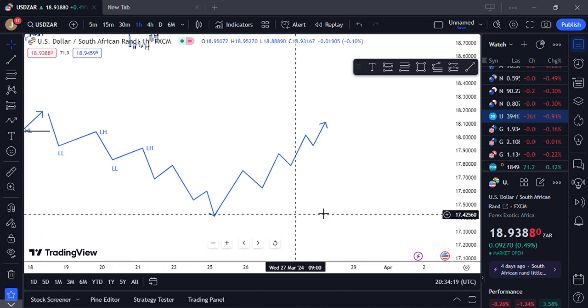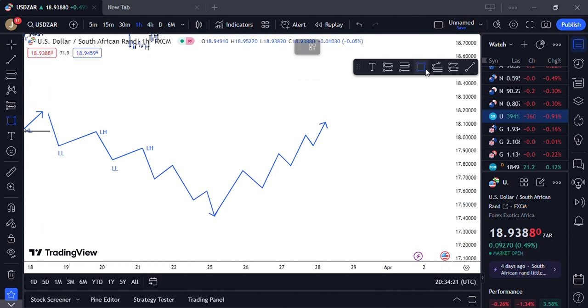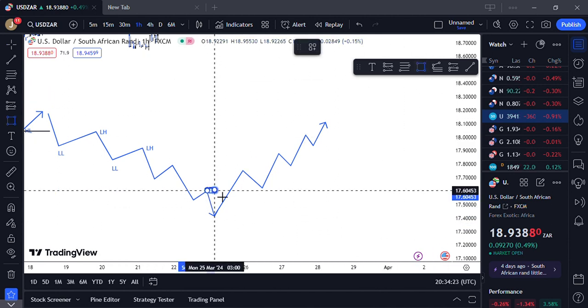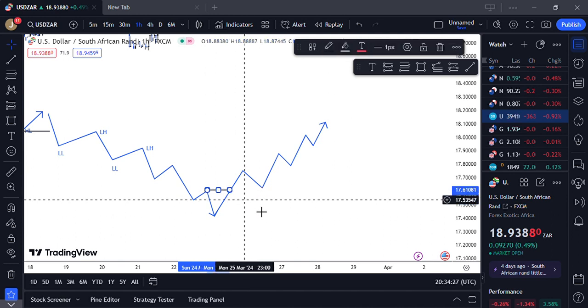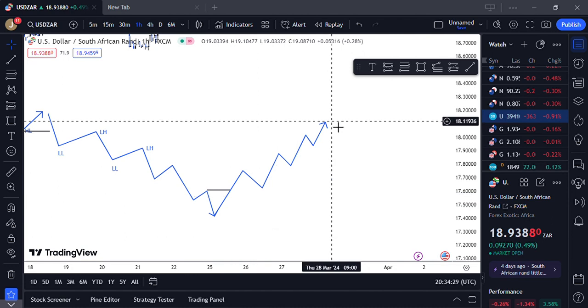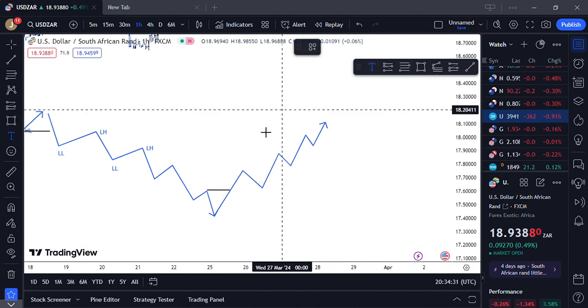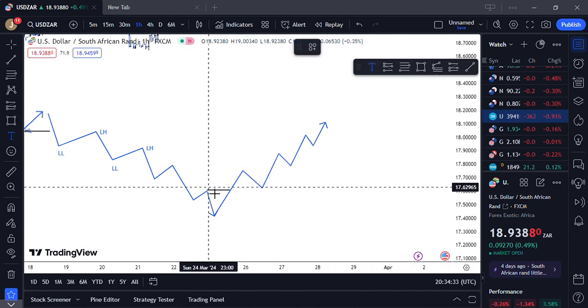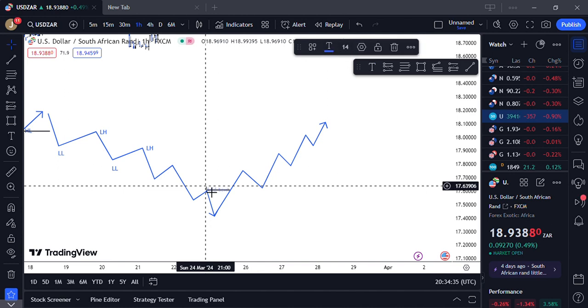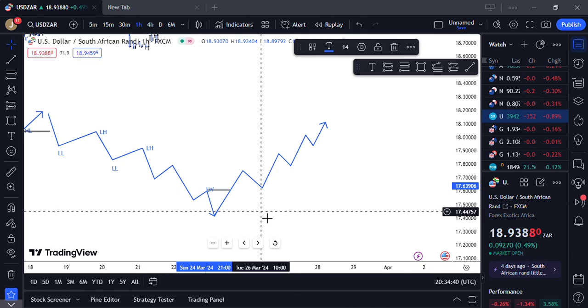Now when price passes here, this is again a lower high. Where did I put it?